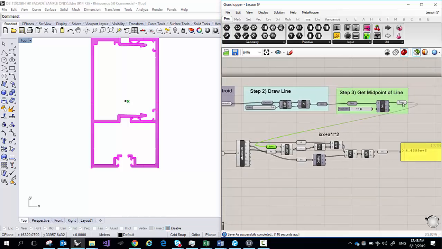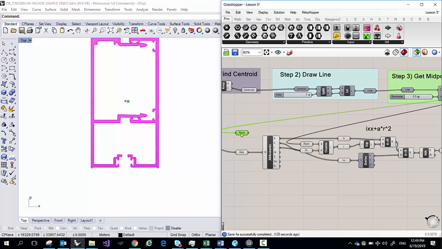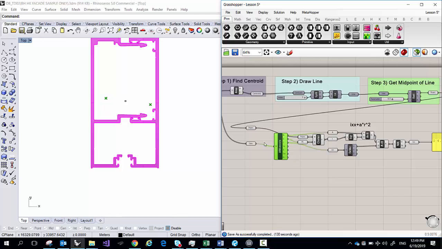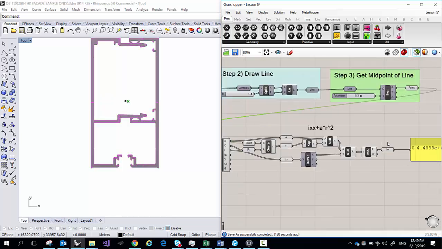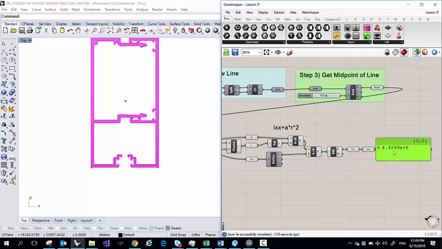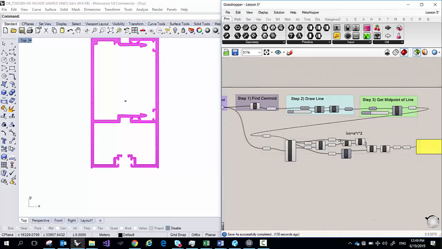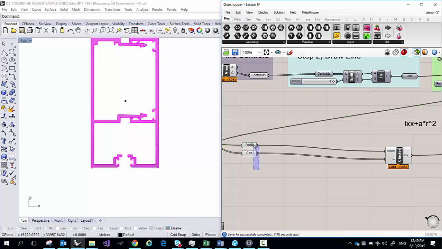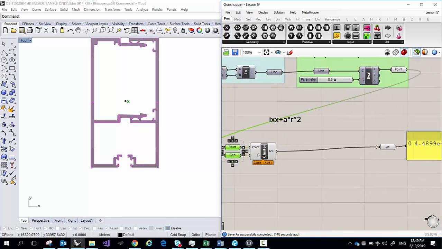We could just as easily do the exact same thing here. Okay, so now what goes in is a point and some geometry, and what comes out is IXX. So I could literally take the IXX now, copy it, cluster it again, and you see that it takes in the point and the geometry, and it spits out IXX.